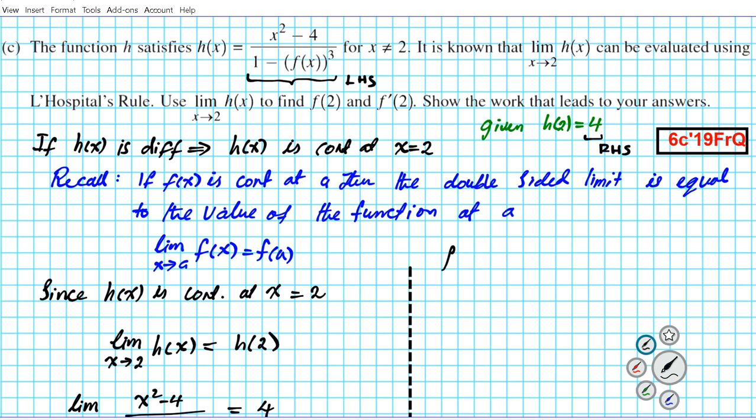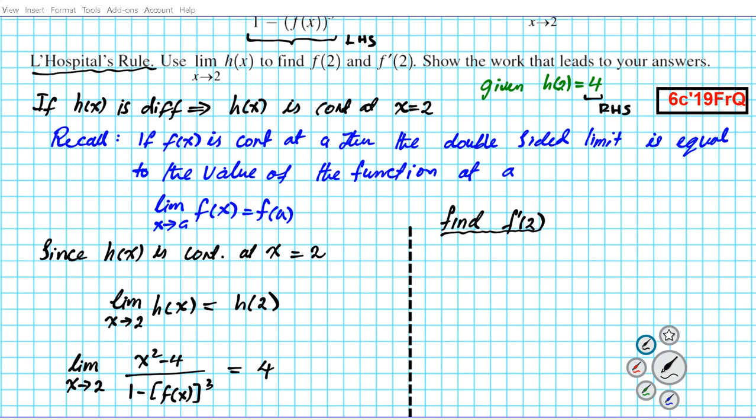To find f prime of 2, we have the key here, and that is L'Hopital's rule. So that's what we're going to be using to solve this problem. Let's recall what L'Hopital's rule is, and then we're going to apply that to the second part.